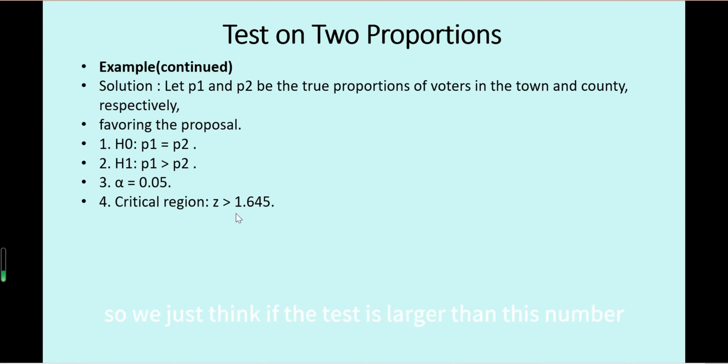So we just check if the test statistic is larger than this number, because for the standard normal distribution, the probability of being larger than the critical value 1.645 is 0.05. So we will test if the data from the sample gets a statistic larger than this value. If larger than this value, it will be significant, right?